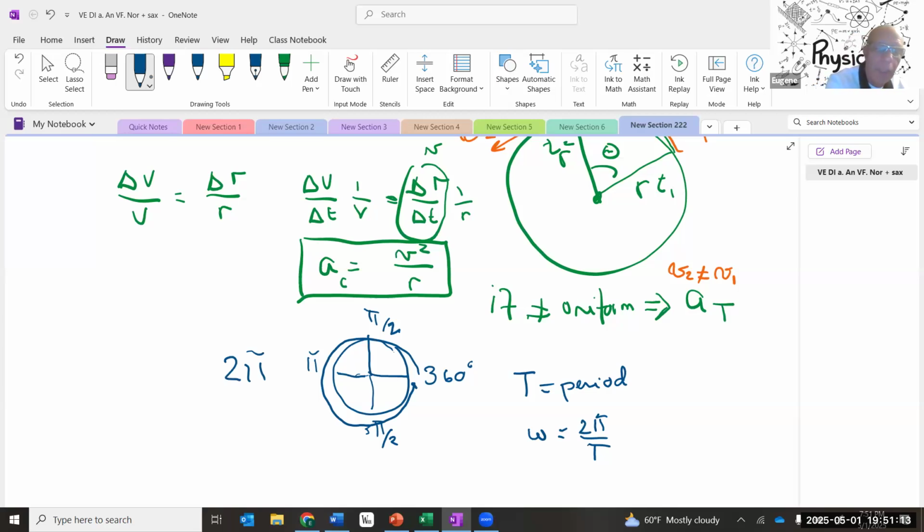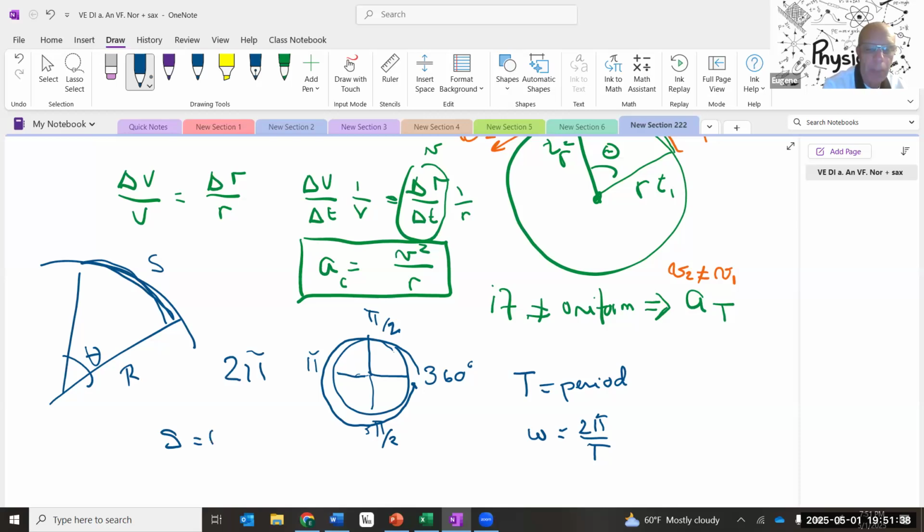Now, if I'm covering a certain arc, this is theta, and this here is r, and this here is s, this distance, right? So the s is going to be equal to theta times r.